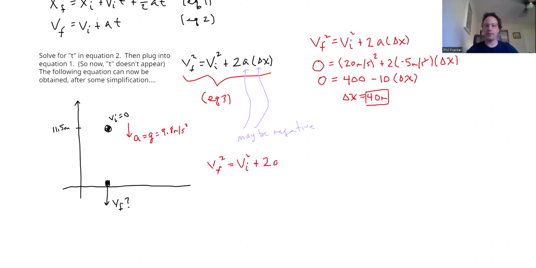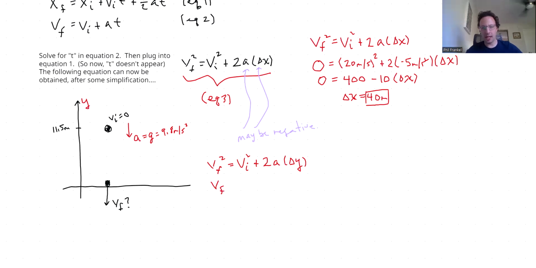Instead of delta x, I'm going to use delta y because we're dealing with a vertical motion here. That's the y-axis. All right, so let's plug some values in. Well, the initial velocity is 0 because the object is dropped from rest.